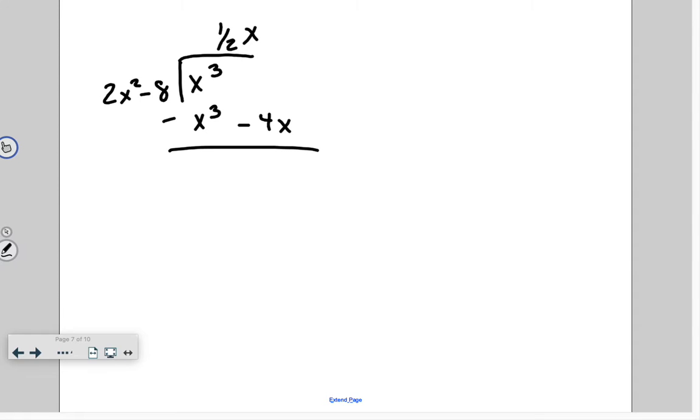And if you now start working your way through, we're back again to the whole 0x squared, which means it's no longer a factor anymore. Now the rest of this is going to be a remainder, which I don't really care about. All I care about is the actual answer. So right here, 1/2 x, there's your equation of the slant asymptote in this case.